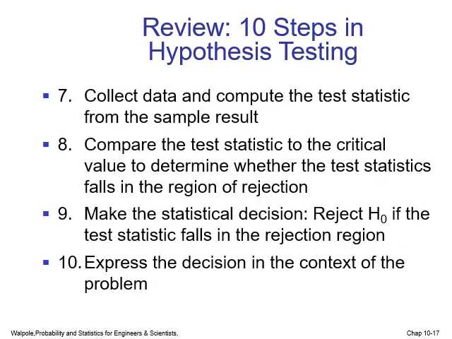Also, collect data and compute the test statistic from the sample results. Don't forget to compare the test statistic to the critical value to determine whether the test statistic falls in the region of rejection. Also, make the statistical decision, which is to reject H0 if the test statistic falls in the rejection region, and express the decision in the context of the problem.